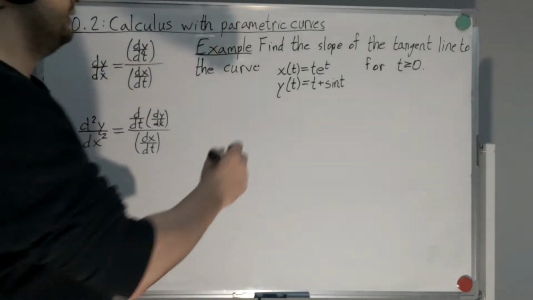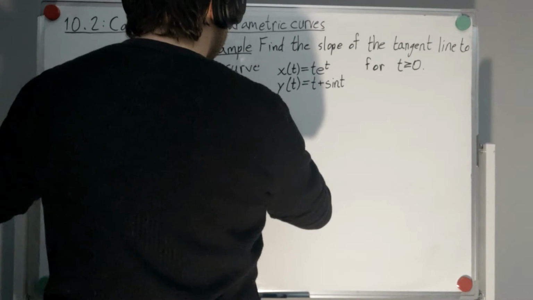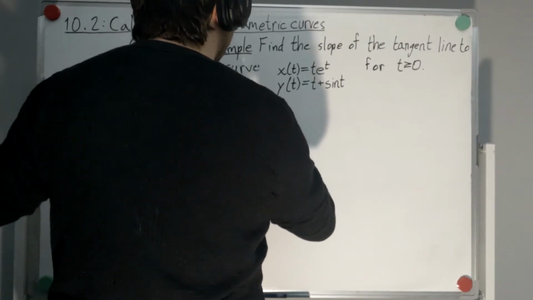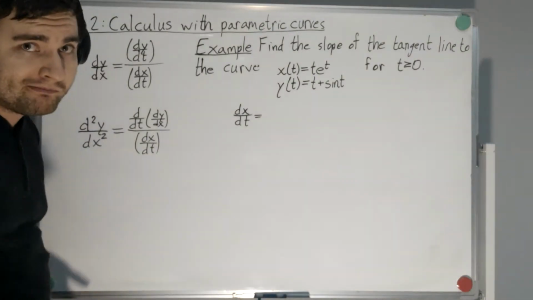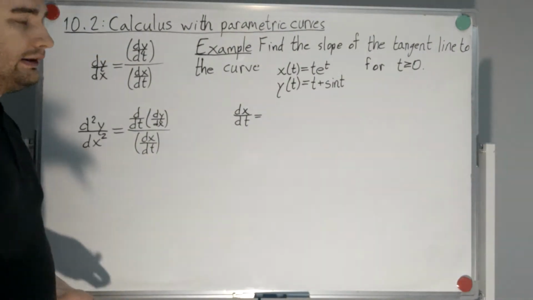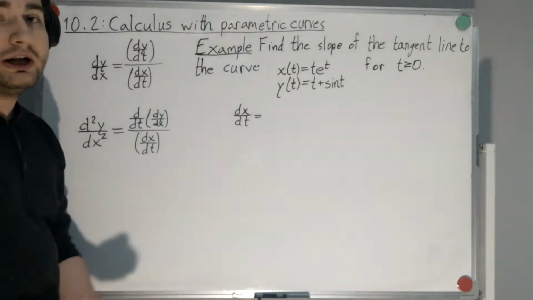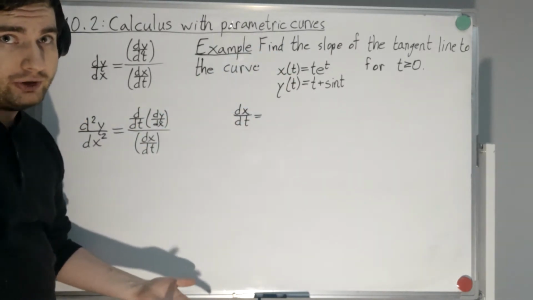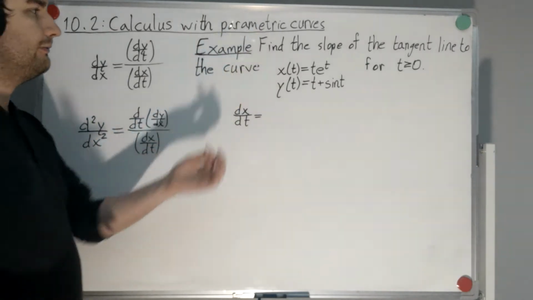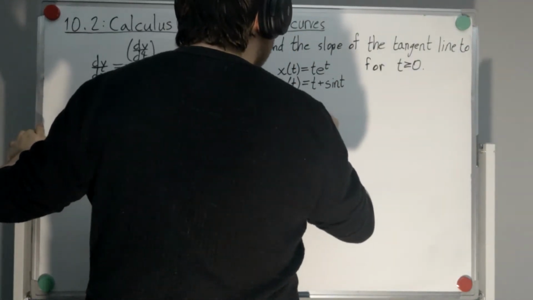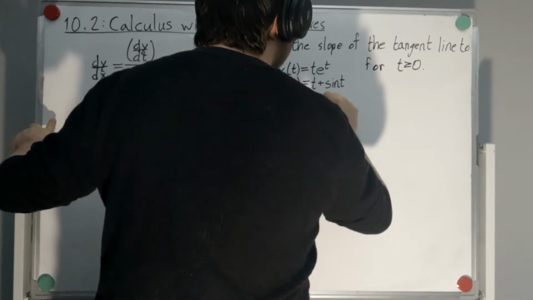So, first of all, dx/dt, also known as x'(t), is just the derivative of x with respect to t. For this one, we're going to have to do a product rule: first times the derivative of the second, plus second times the derivative of the first.